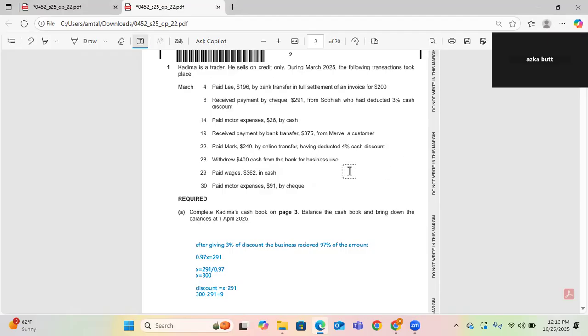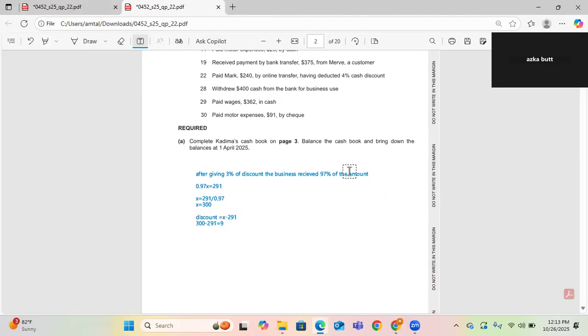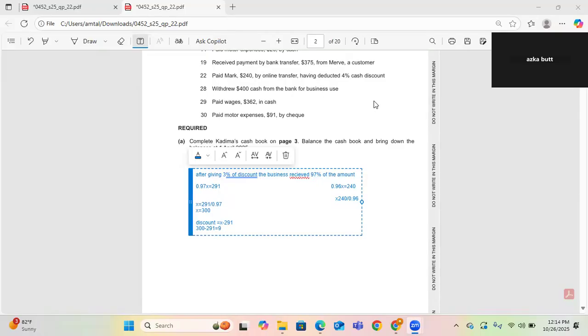So the same thing we have to do here. Okay, students, we have to do the same thing which we have done with this one as well.